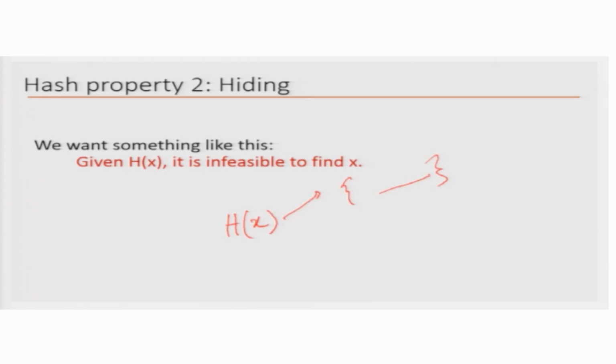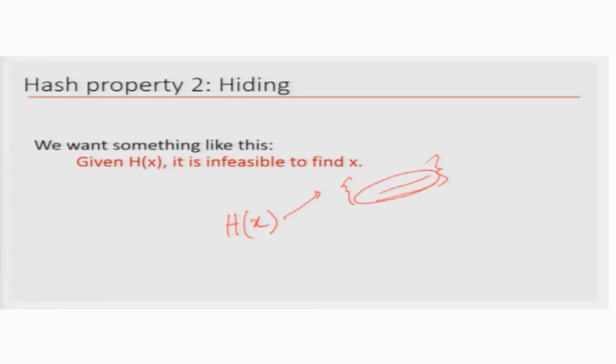In that case you can create a table for every x from your domain, compute these possibilities and have a table. So, when you see the hash, you just reverse look up the table and say these are the possible inputs to which it is mapping. So, unless this number is small, this is not possible.